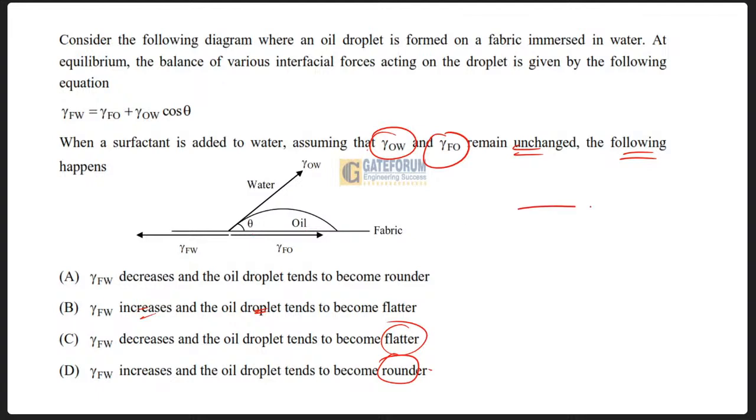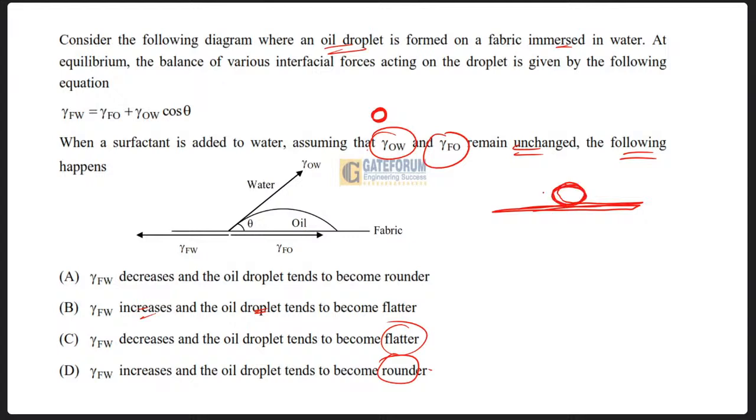Suppose this is a fabric, and this is an oil droplet, oil in water. When an oil droplet on the fabric is immersed in water, oil and water droplets are there. So this droplet is put onto the fabric. What will happen?